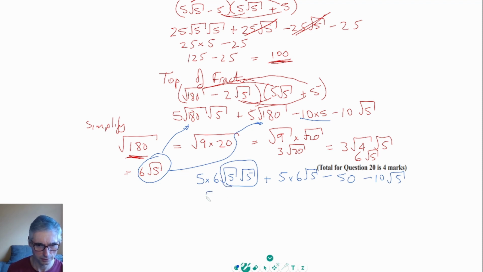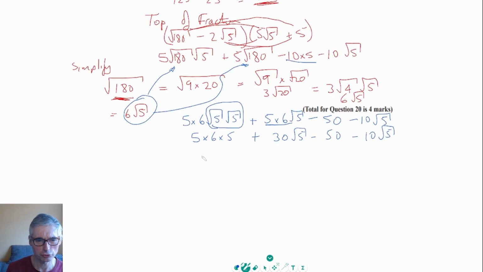So this bit becomes 5 times 6 times 5, and then I've got plus 5 times 6 there. That's just normal numbers. That's 30 root 5 minus 50 minus 10 root 5. I'm just doing this very gradually. You might want to jump a few steps, but I'm demonstrating all the steps as I go along.